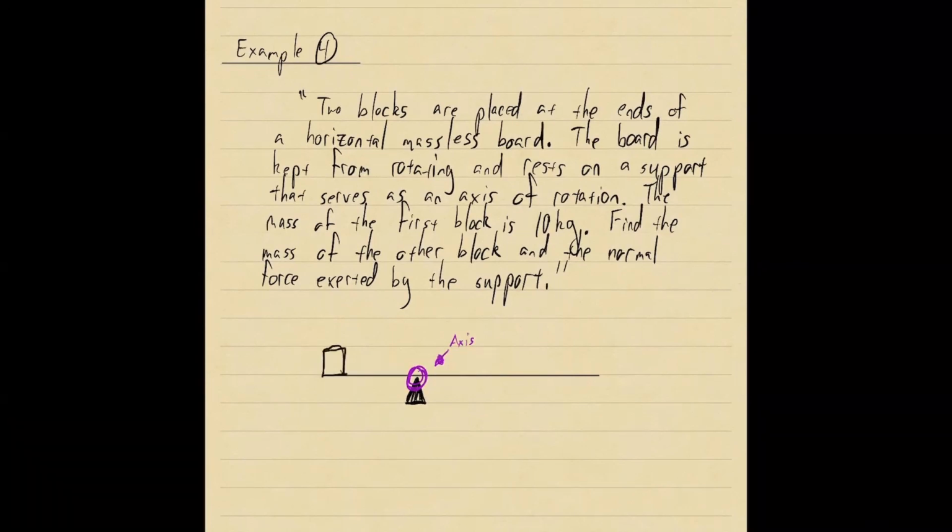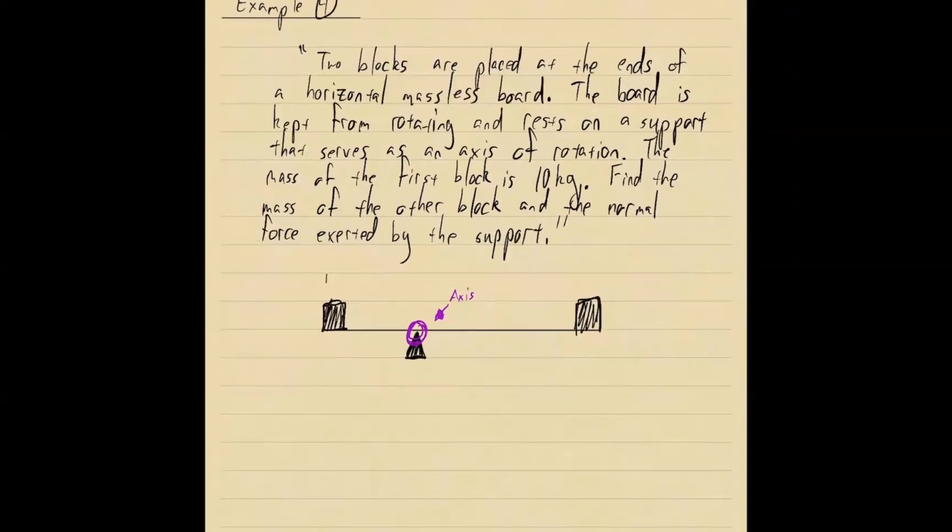There's a block here, and a block here, both at each end. So this one weighs 10 kilograms. And we're trying to find the mass of this block, as well as the normal force exerted by this support here in keeping this thing up. So we're trying to find the normal force exerted by this axis of rotation. All right.